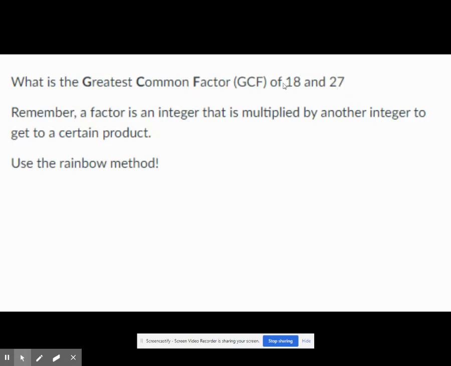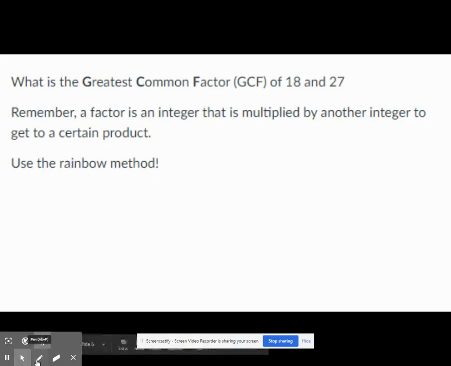And now we're looking to find the biggest one that we have in common. And then it says use the rainbow method. So remember, you're going to write all your factors out, rainbow them together to see which ones go together, and then look for the biggest one for each of your integers. All right, go ahead and give that a try, and we will check the answer here in just a second.